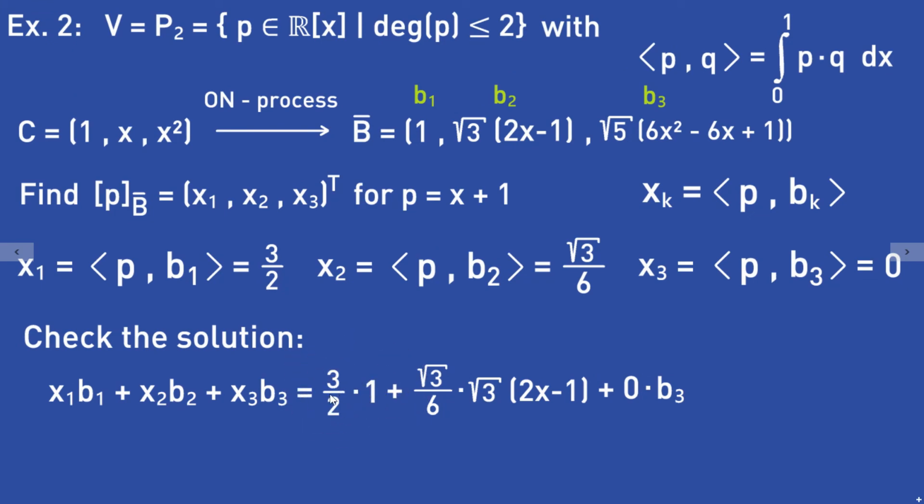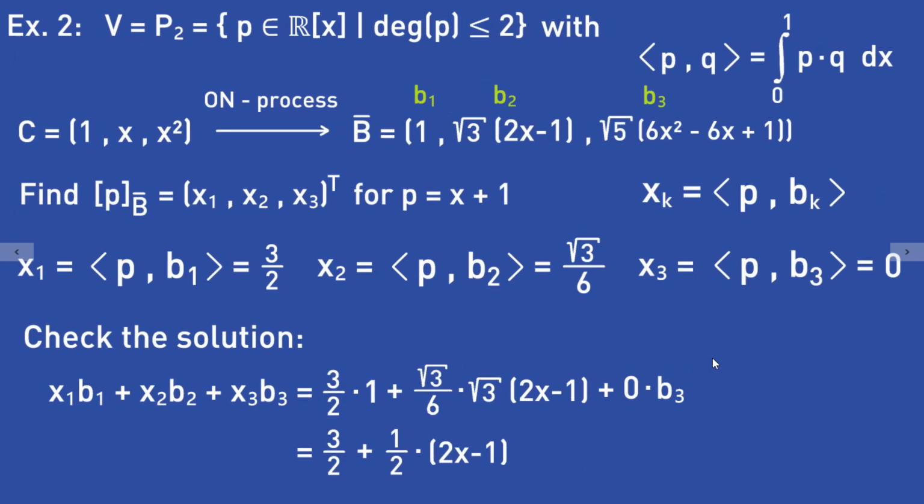So this here is x1 and that here 1 is b1, plus the square root of 3 divided by 6, so this value is x2, times the square root of 3 times 2x minus 1, which is b2, plus 0 times b3, so 0 is the third coordinate, and b3 is that here, but it's a multiplication with 0, so we don't need to write it down.